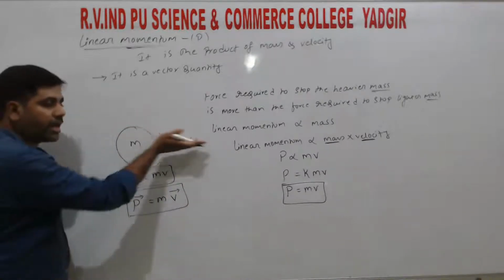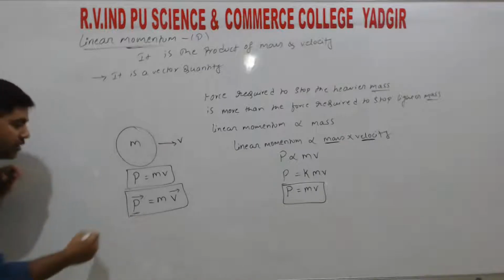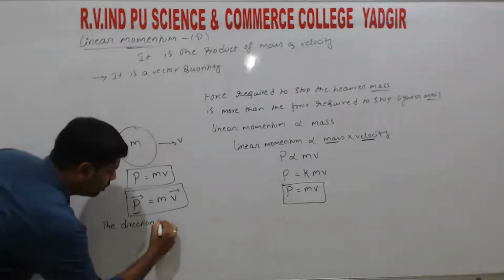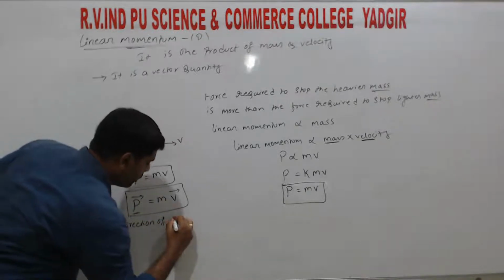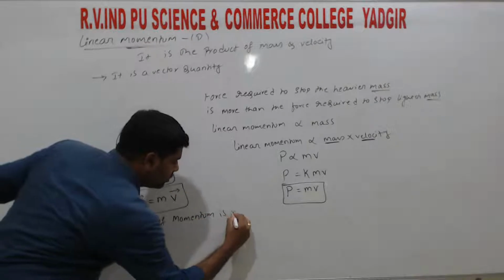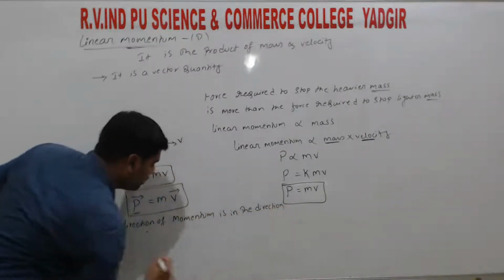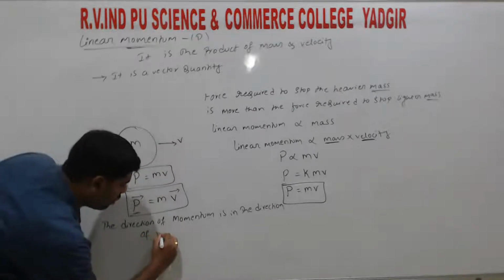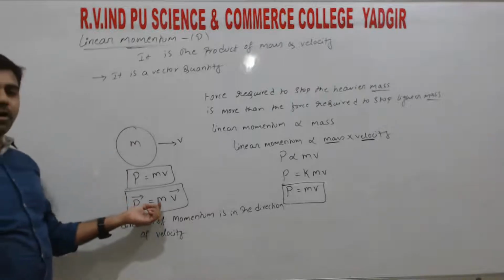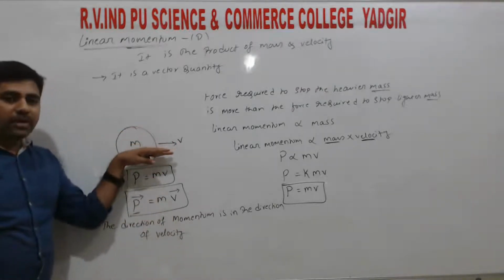In whichever direction the velocity is, momentum is also in that same direction, right? So the direction of momentum is in the direction of velocity. That means momentum and velocity both are parallel, and parallel means in the same direction.